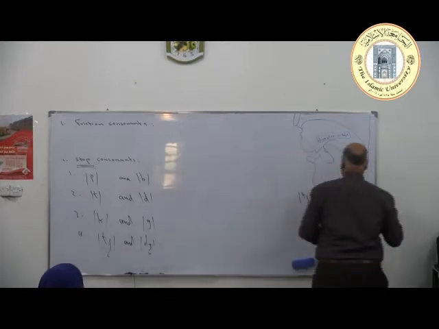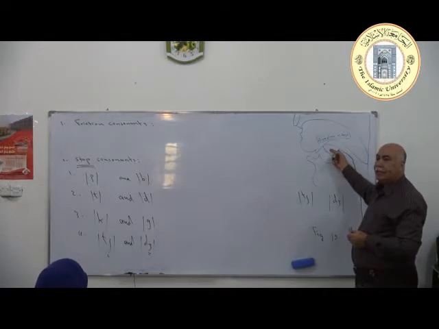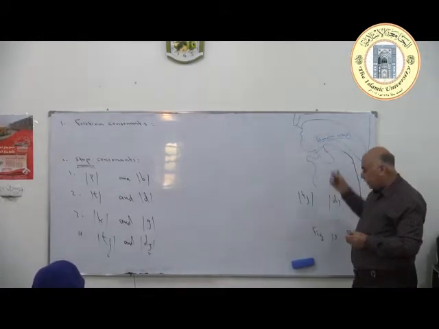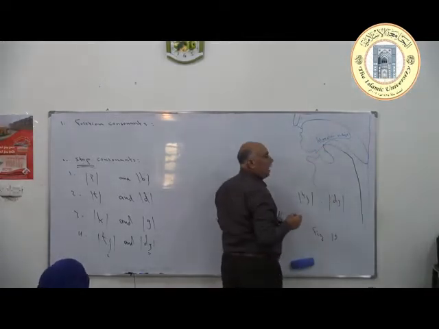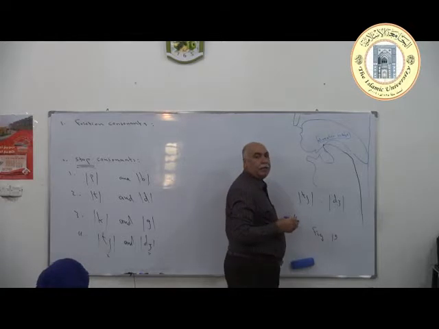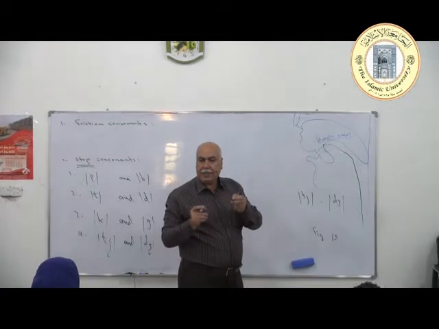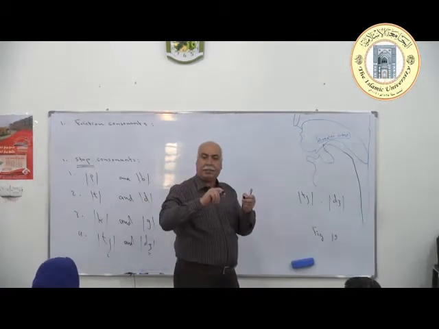How do we produce or articulate these two sounds? By raising the tip of the tongue to the end of the alveolar ridge. You see here, this is the tip of the tongue with the end of the alveolar ridge. What is the meaning of alveolar ridge? It is the area between the hard palate and the teeth.